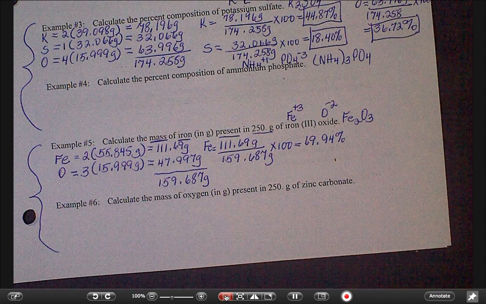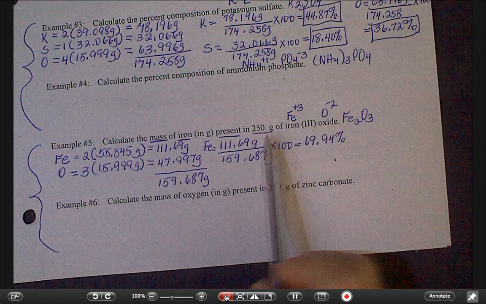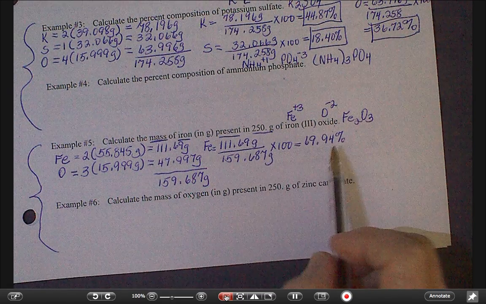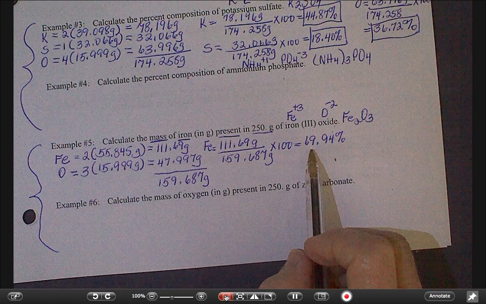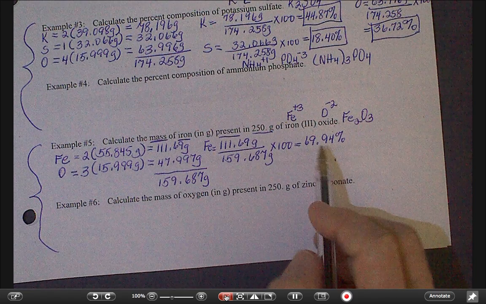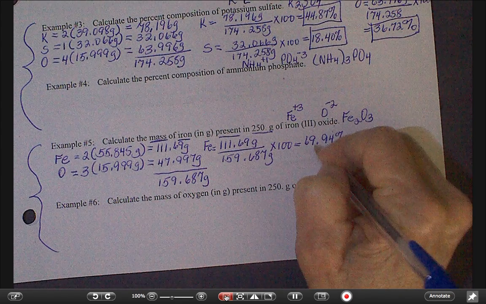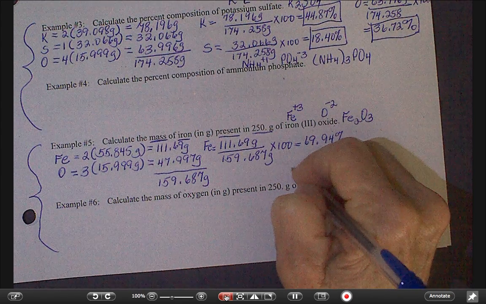Now, this is what they have of iron oxide. So I'm going to take the decimal number of the percent. What did I just say? So I'm going to move my decimal back, take it out of percent.